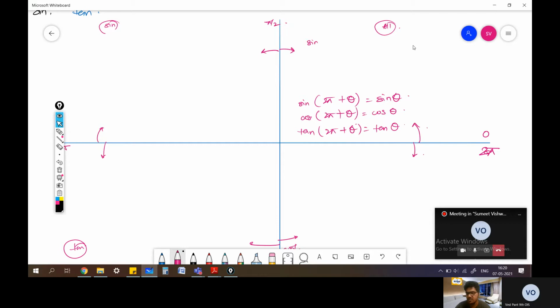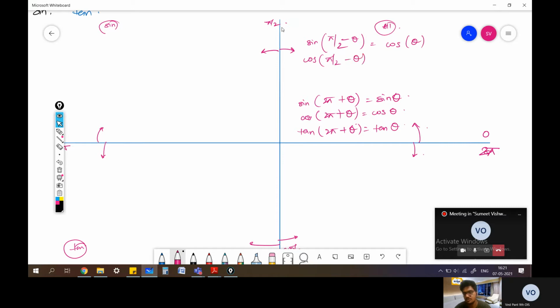What we know is that everything will be positive in this quadrant. But whenever I jump from this axis, the function changes. Sine of pi by 2 minus theta will become cos theta. Why minus theta?